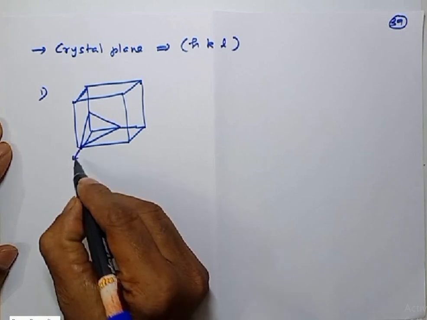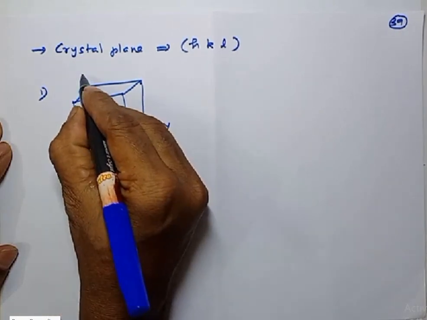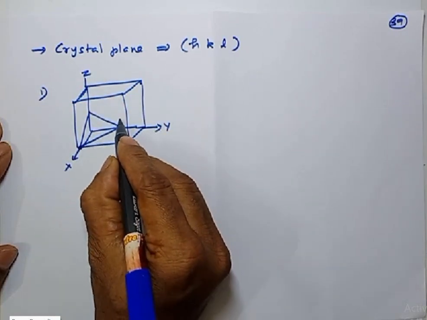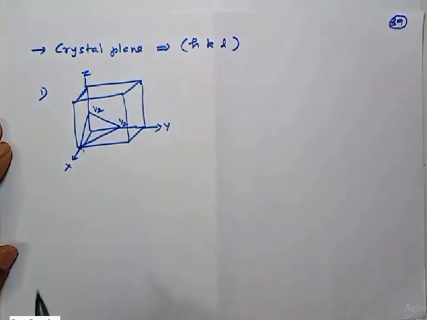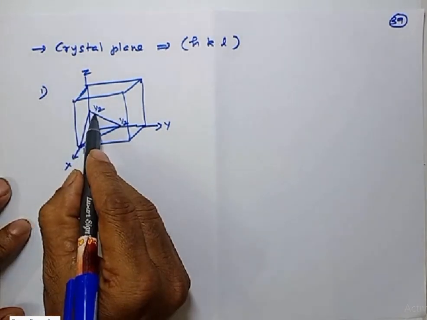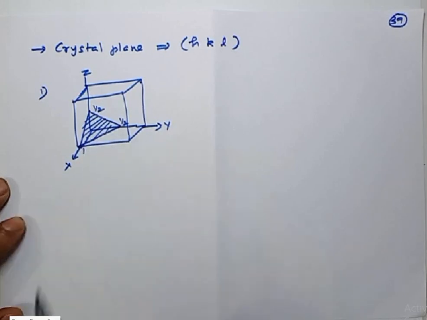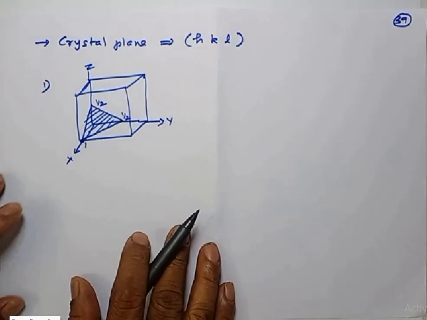So this is the x-axis, this is the y, and this is the z. This is half, this is half, and this is 1 unit. What is the Miller indices for this plane shown here? I'll show you how to do that.